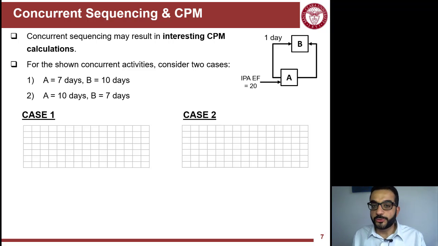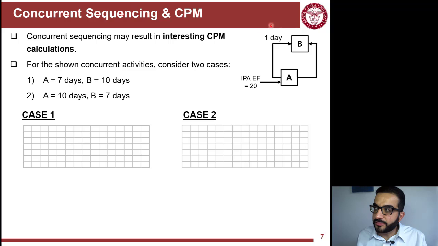They will mess up your CPM calculations. I used a more professional wording here, interesting CPM calculations. But they really will make the CPM calculations not make any sense.